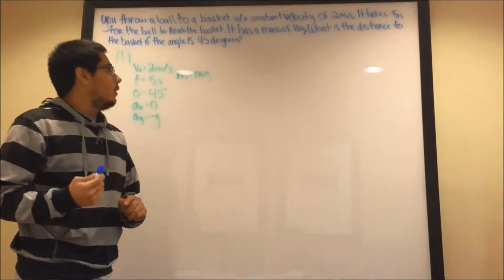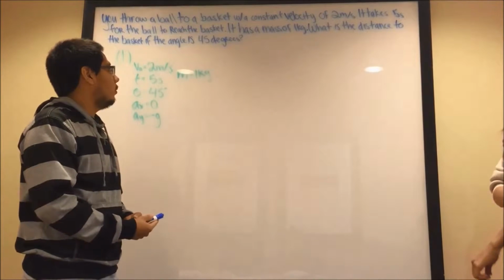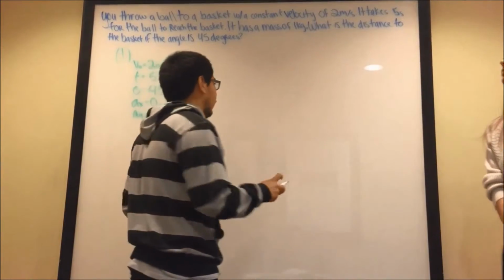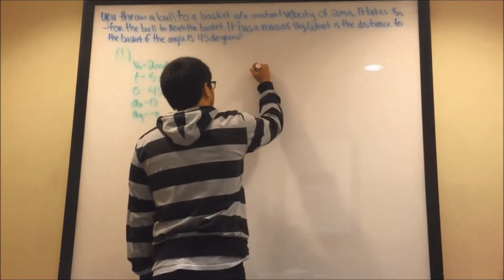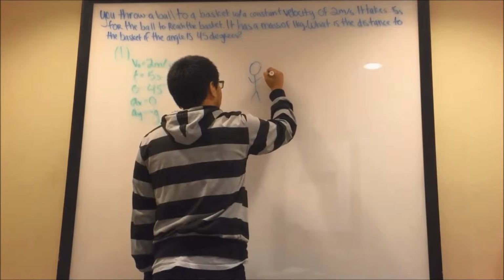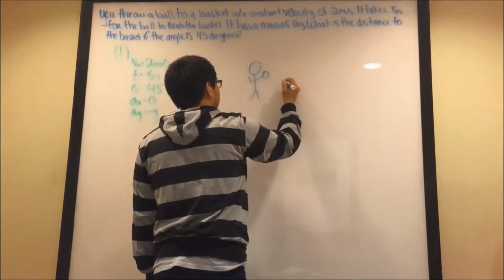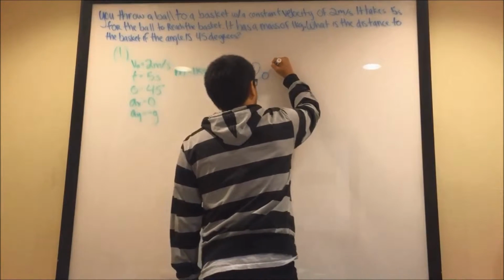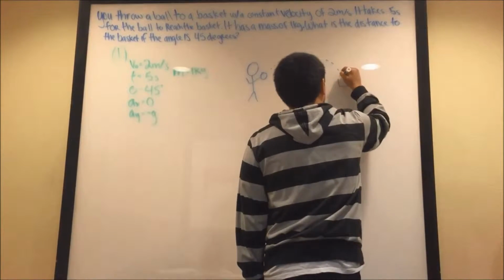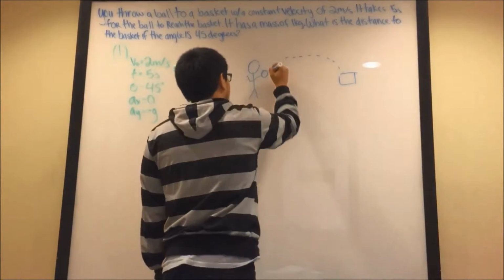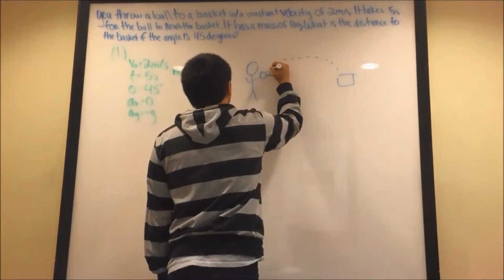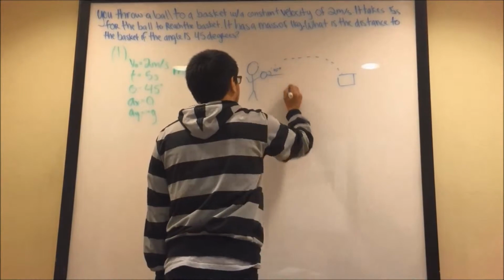Alright, so the next part of figuring out the question is to draw a visualization of the problem. So we have the man. We have the ball, and he throws the ball to the basket. And then this angle would be 45 degrees.